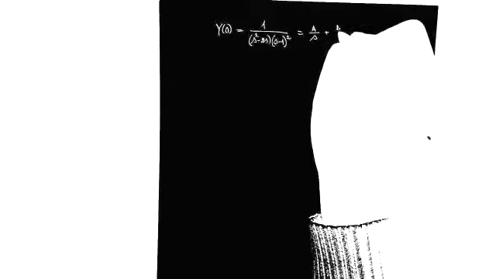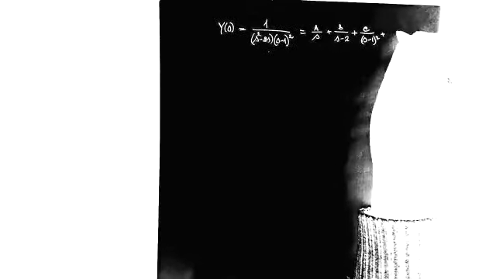So we can say it's A over s plus B over s minus 2 plus C over s minus 1 squared plus D over s minus 1. And then we find A, B, C, D.